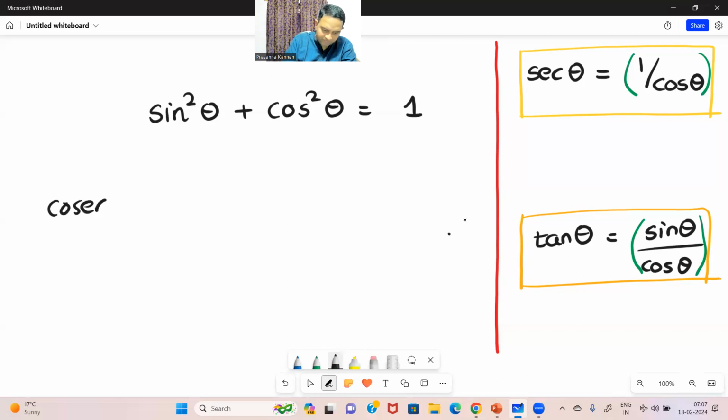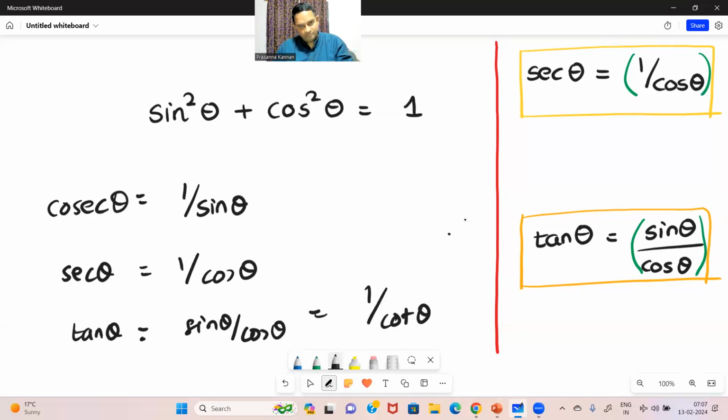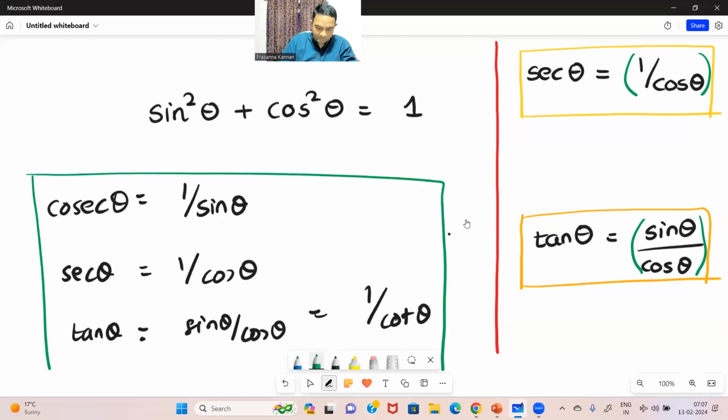See here, cosecant theta is 1 by sine theta. Secant theta is 1 by cos theta. Tan theta is what? Sine theta by cos theta, or you can write it as 1 by cot theta. These are the reciprocals.